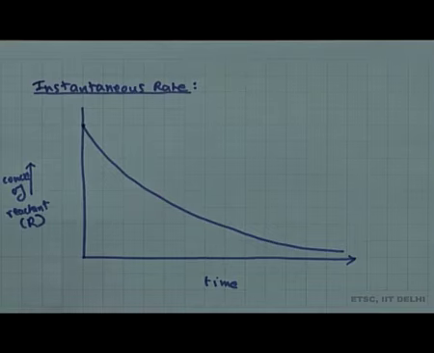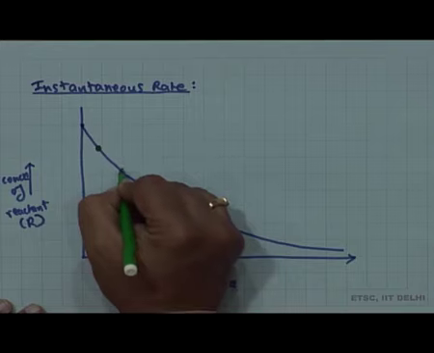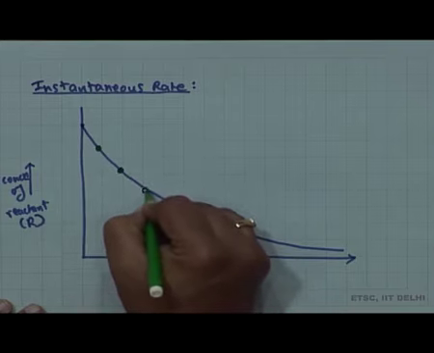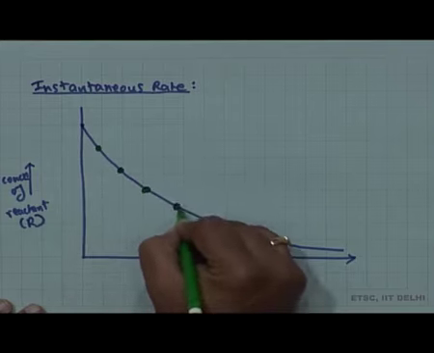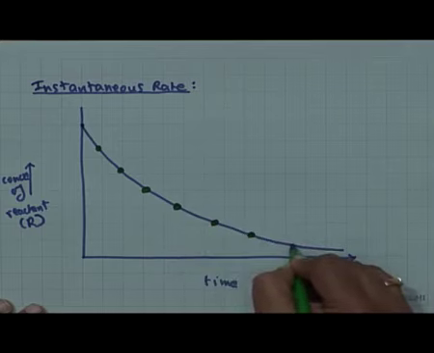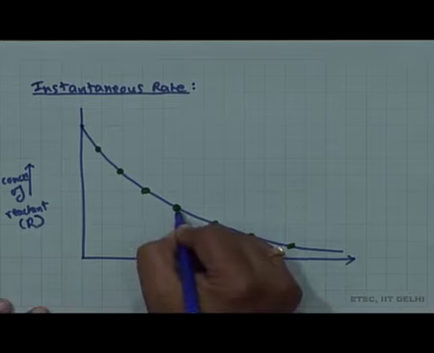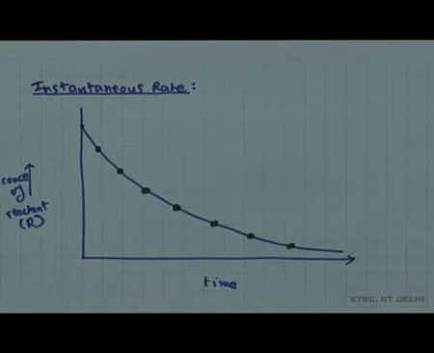Remember, what we are discussing here is something referred to as instantaneous rate. Now, suppose these are certain time points or experimental points. Suppose I want to know, at this instant, at this time point, what is the rate?